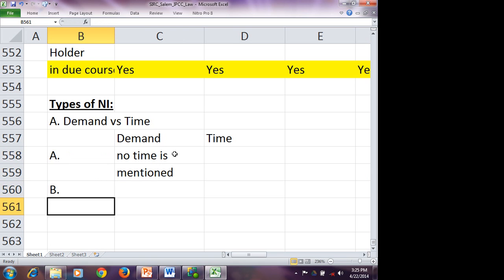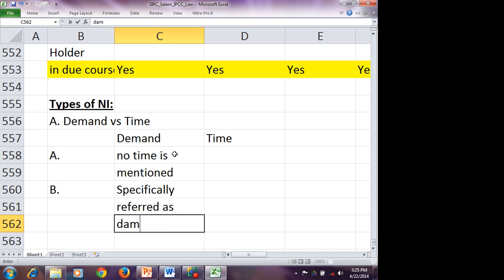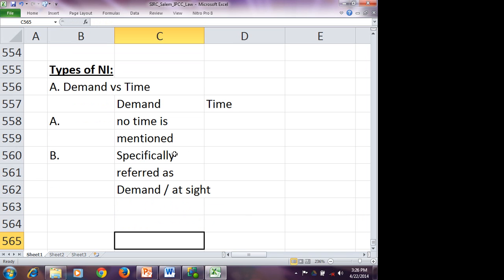Or it is specifically referred to as a demand instrument, or it says payment is required to be made at sight. Bill paatha udane pay pananum.